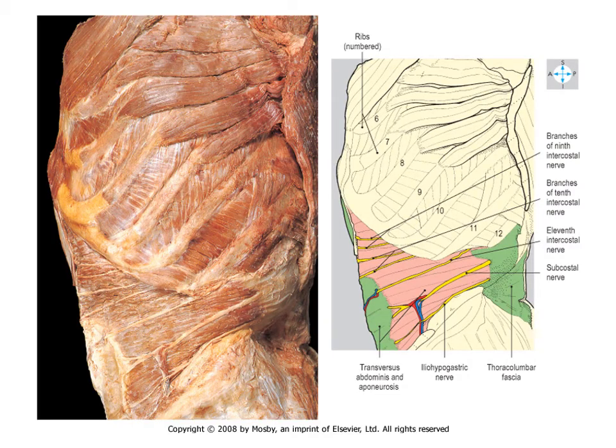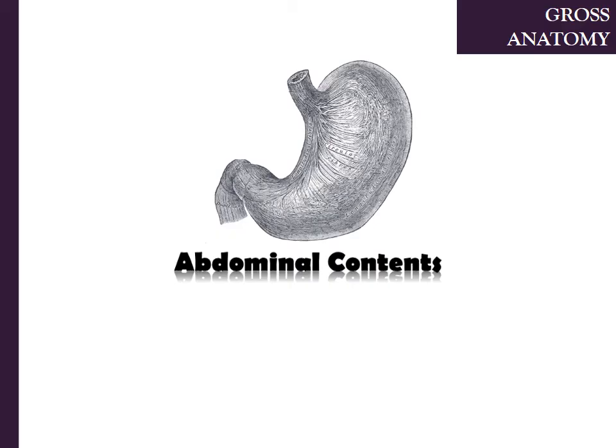So here we see a lovely picture of these intercostal nerves. Somebody did just a magnificent job dissecting this. No, it wasn't me. Coursing on top of the transverse abdominis muscle right here. So both the external oblique and internal oblique were stripped away.